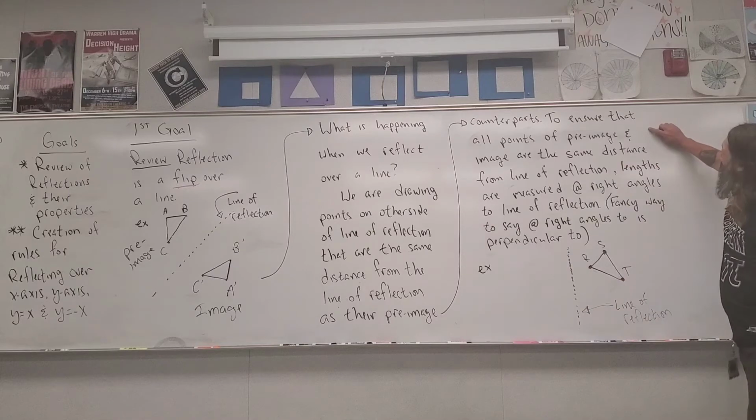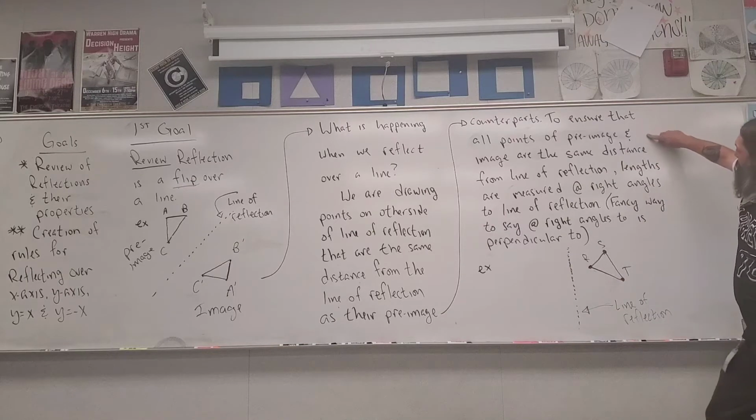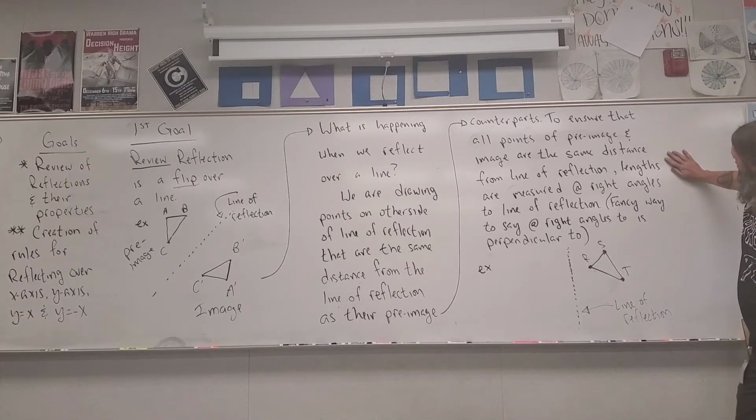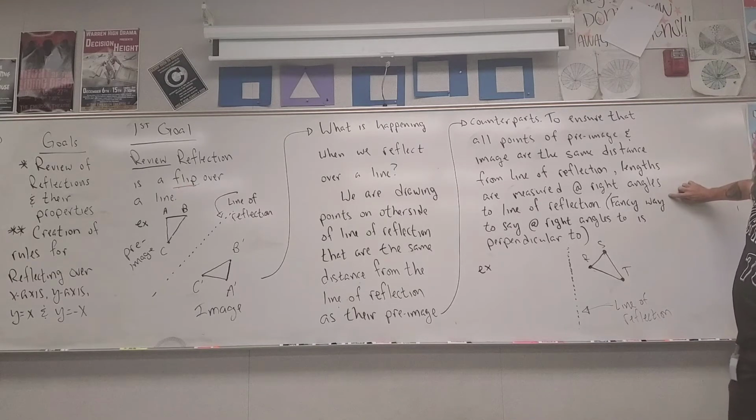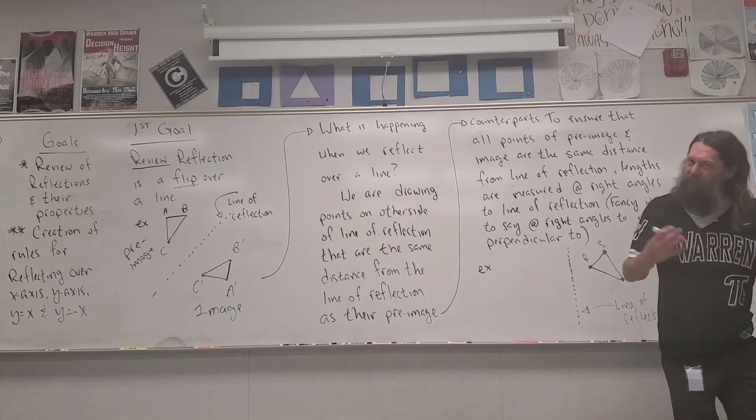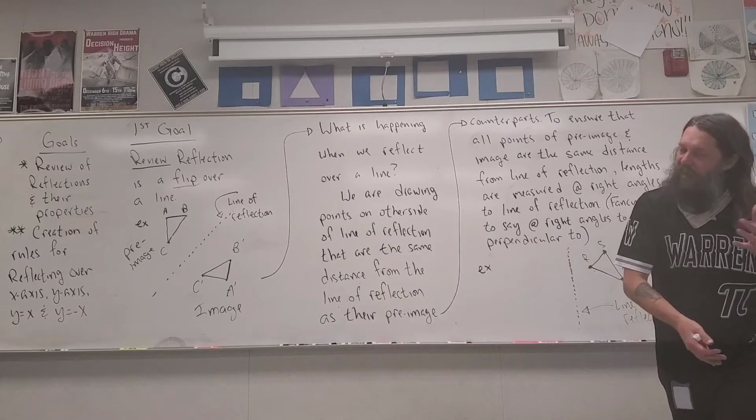To ensure that all points of the pre-image and the image are the same distance from the line of reflection, lengths are measured at right angles to the line of reflection. A fancy way to say at right angles to is perpendicular to. We say perpendicular means at a right angle.